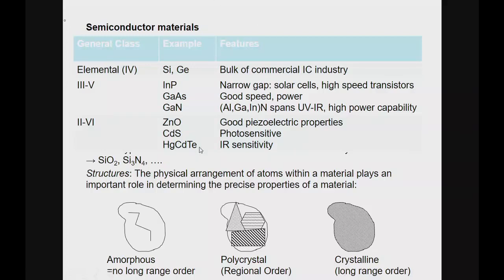And then you have esoteric materials like mercury cadmium telluride, which has a very narrow band gap and is used for infrared cameras, espionage, defense, that sort of stuff. And you've probably heard terms bandied about: amorphous semiconductor, polycrystalline, crystalline. So we'll learn what those things mean in this unit.